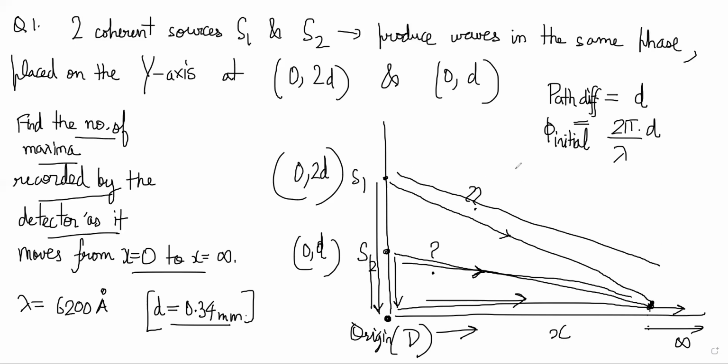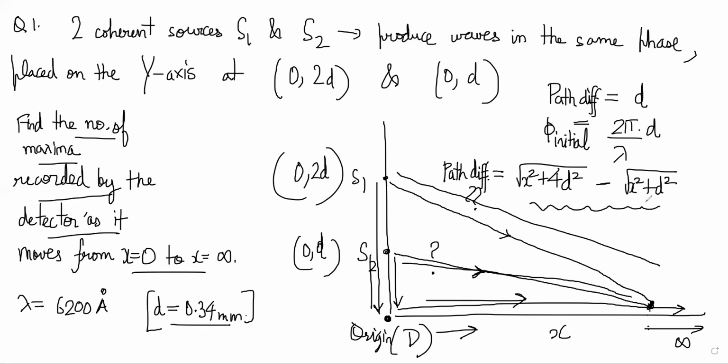So root over x square plus 4d square minus root over x square plus d square is the general expression for the path difference. And you have to estimate what this will be when x tends to infinity.